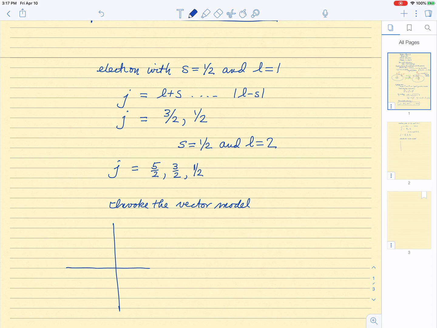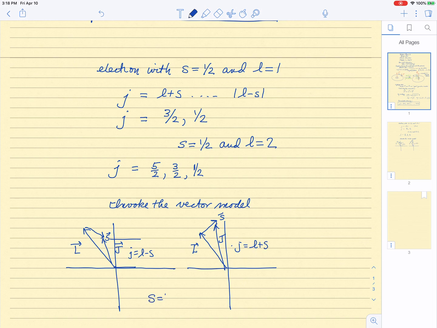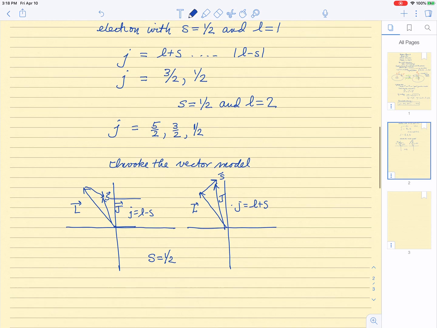If we look at the vector model, and if this is L, and then this is S, then this is going to be J. Likewise, if this is L, this is S, and then this would be J. Again, this would be J is equal to L minus S, and this would be J is equal to L plus S, and this is for an S equals 1/2 single electron system.